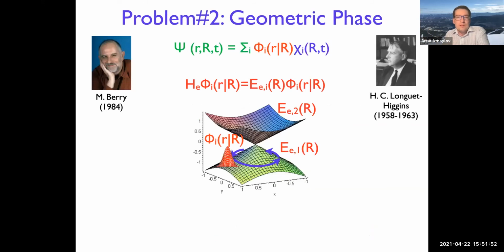Another problem coming from the nuclear dependence of electronic functions is the so-called geometric phase, which appears when the potential energy surfaces have degeneracy points. This was first found by Longuet-Higgins, and later Michael Berry generalized it for other cases, not only molecular systems.